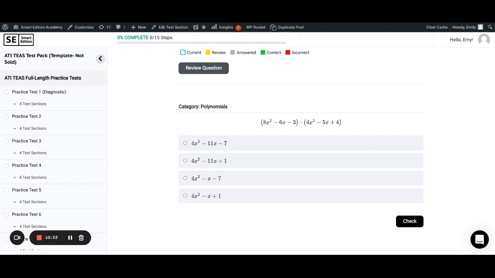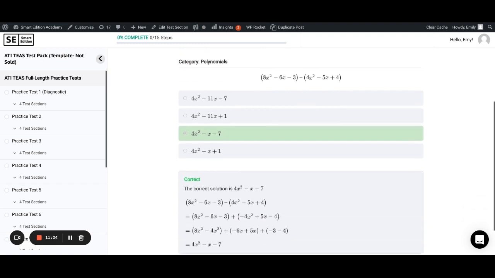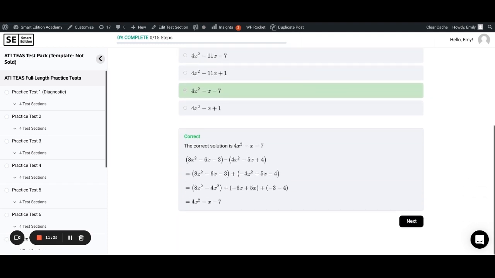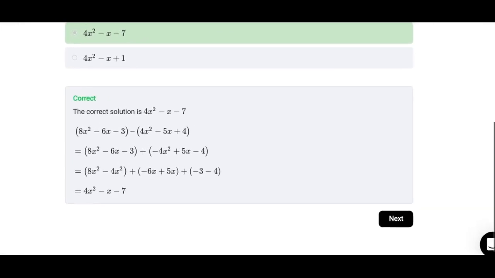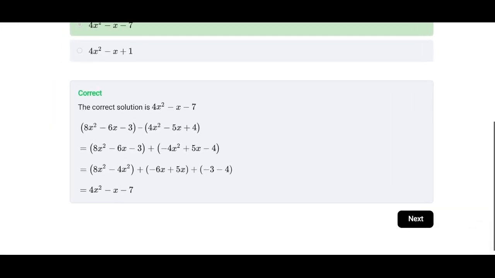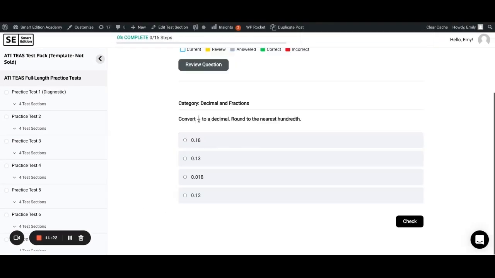Okay, so for question number 7 on polynomials, the correct answer is C. I'm going to scroll down here and zoom in my screen so you can see exactly how the problem was worked out. Okay, let's keep going.